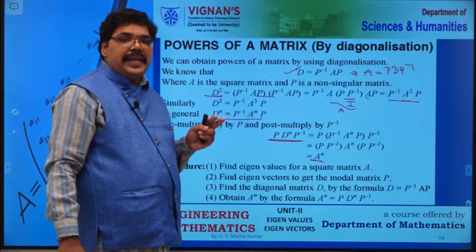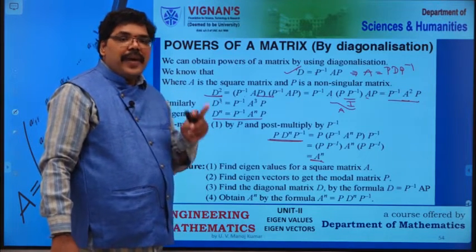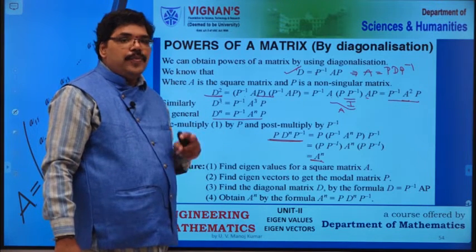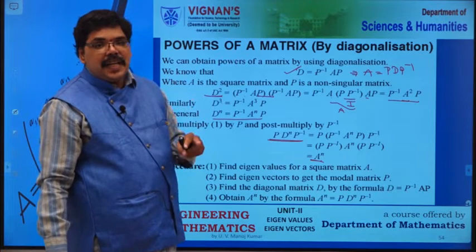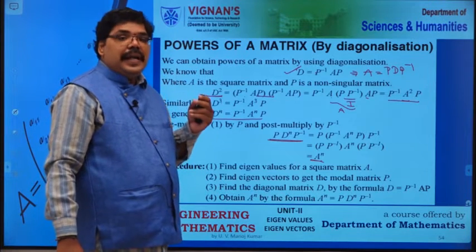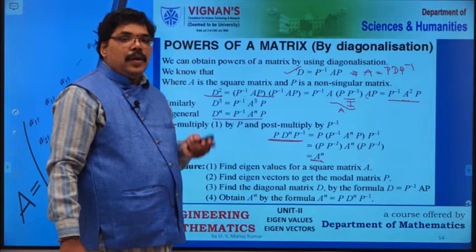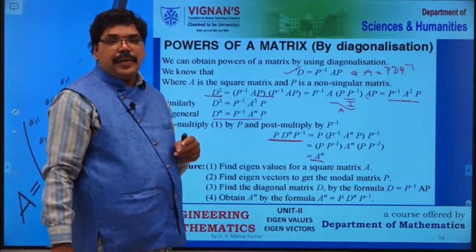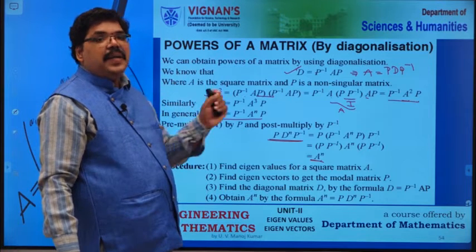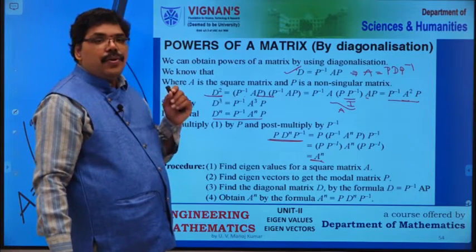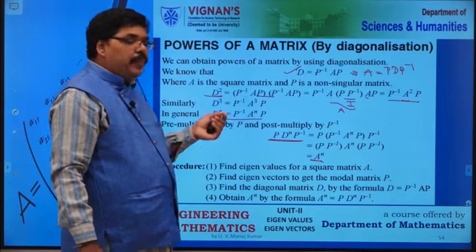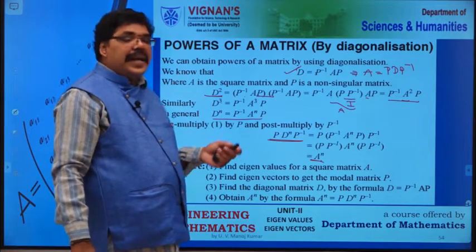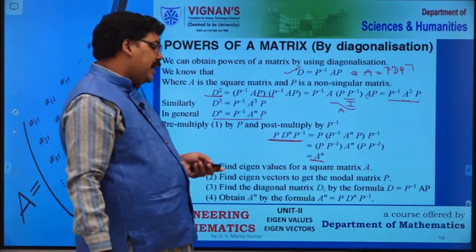Suppose I want to find D square, square all the diagonal elements in D. If I want D cube, cube all the diagonal elements. If I want D power 10, replace all the elements with the power 10. So finding D power n is easy. If you calculate P, D power n and P inverse, you can easily find A power n through diagonalization.